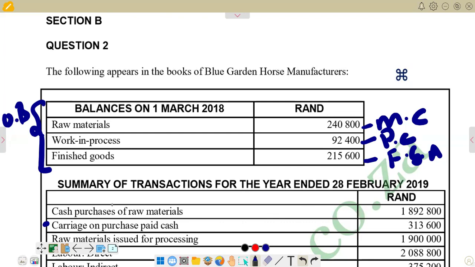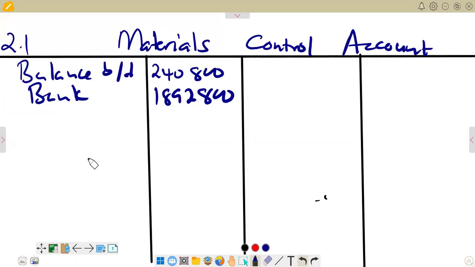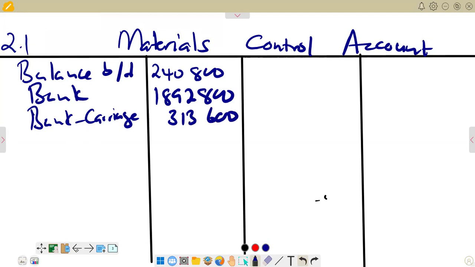So in the material control again, we say bank, but this bank is on carriage. The amount that we have is 313,600. Then we go back again to check the next transaction.